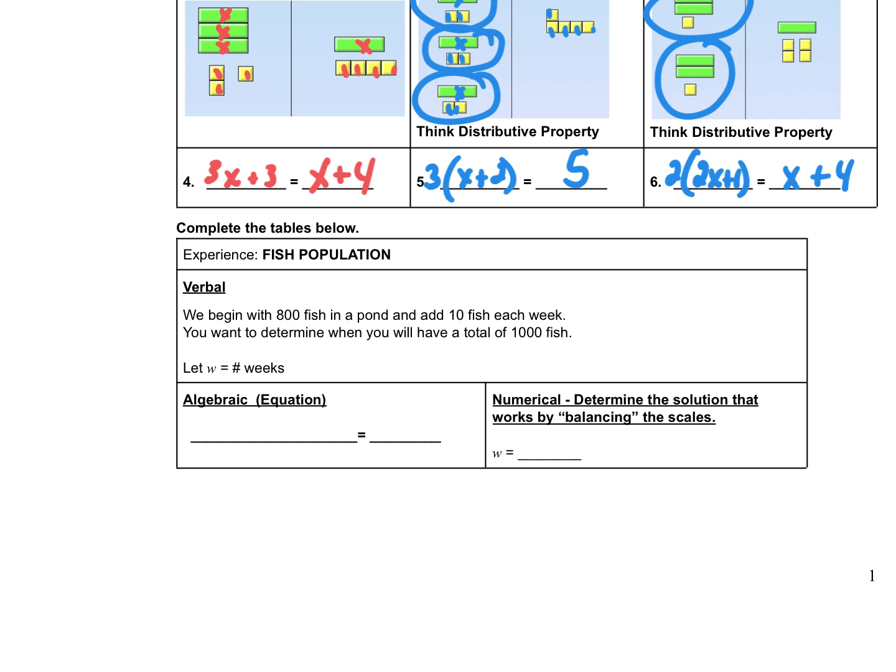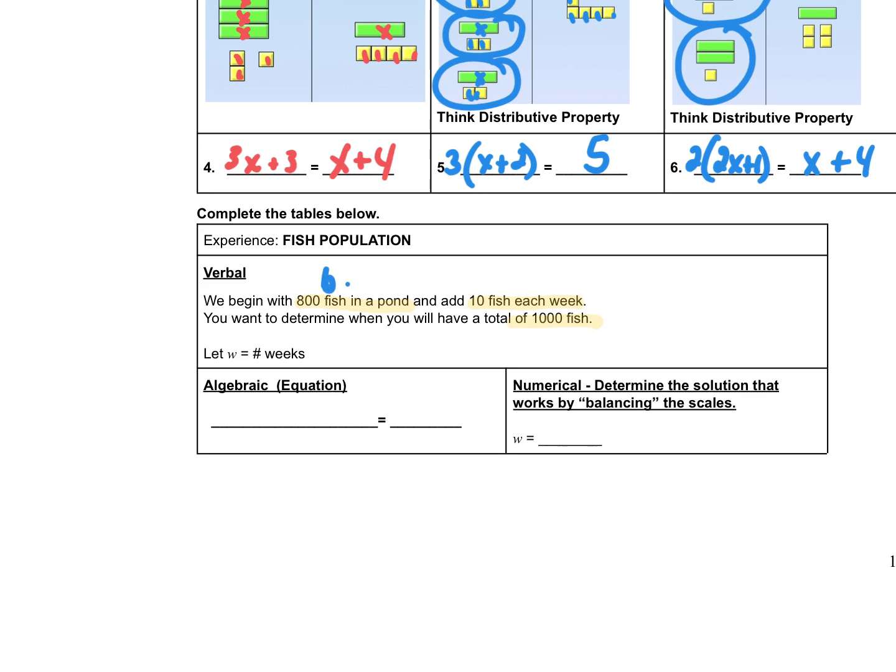Okay, so we begin with 800 fish in the pond, and we add 10 fish each week for a total of 1,000. So this is our begin value. So we begin with 800, and then this is the increase per week. So, or what varies, that's 10W equals 1,000.